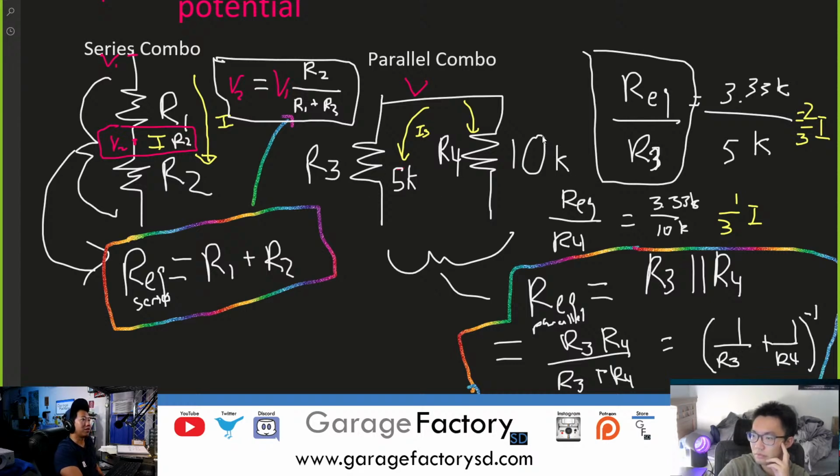So you're expecting 2 times more current through R3 than through R4, which is what we're calculating. 1/3 I is I4, and 2/3 I is through I3. Alright, that's the parallel combo, and that's the series combo.